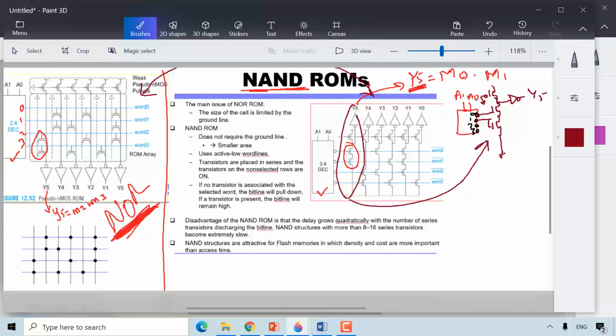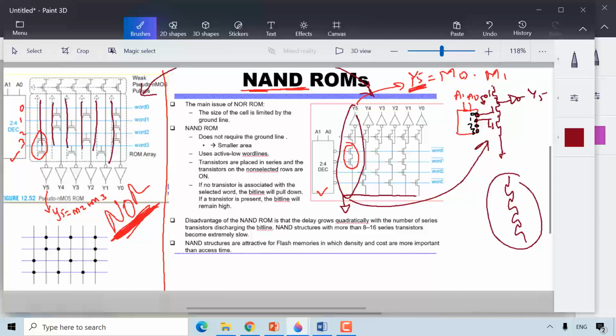Okay, now, what's the difference between the two? Notice here the series. Oh, bad for delay. So NAND gate implementation of max terms is not good. No, it is good. Why is it good? It is good because notice here I use one common ground. And versus here, look at how many grounds I need for the NOR implementation.